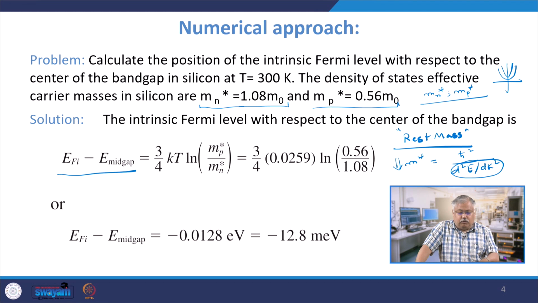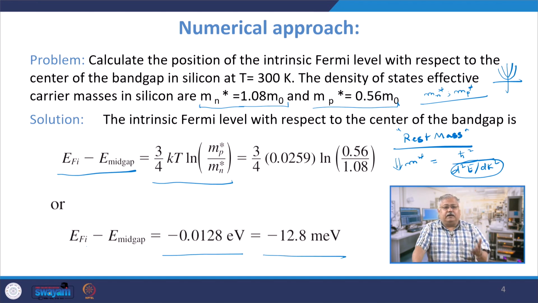Now, if you look at this formula here, EFI minus E mid gap is given as 3 by 4 kT natural log Mp star by Mn star, and if you place the values of Mp star and Mn star, you get the value of EFI minus E mid gap to be approximately minus 12.8 milli electron volts. What does it mean? It effectively means that once you know the value of the effective density of states, you can predict the value of it.